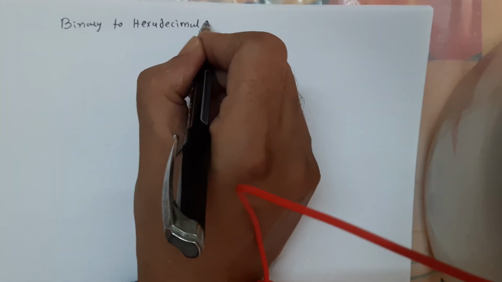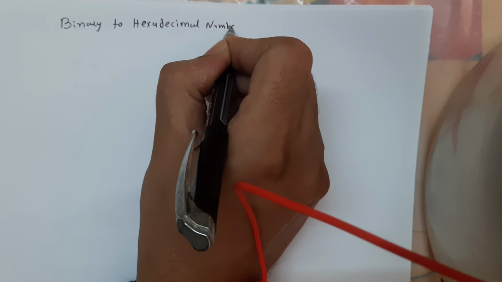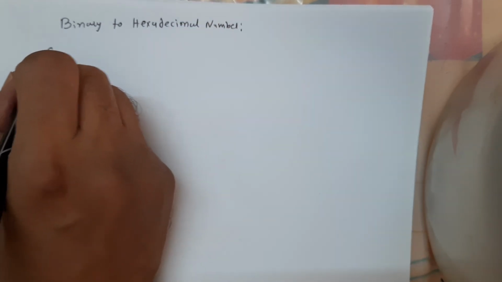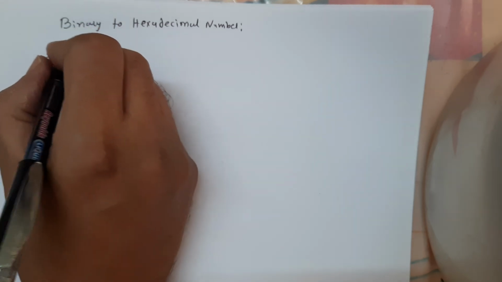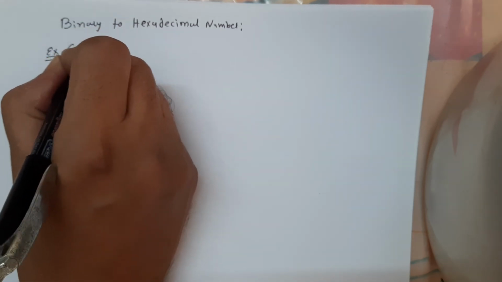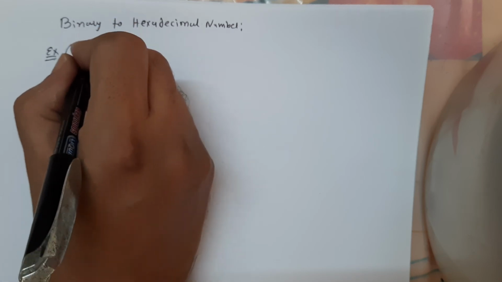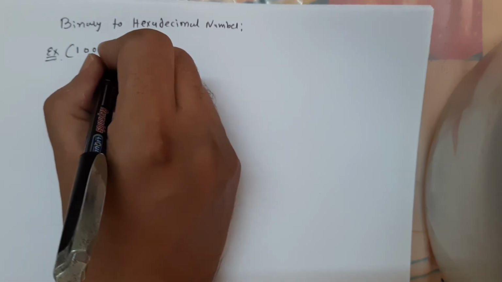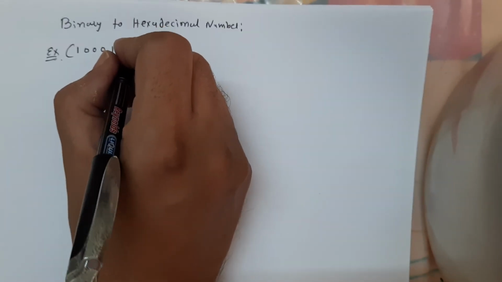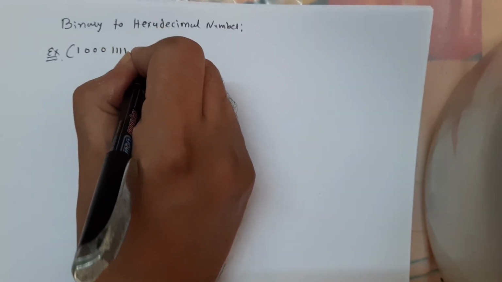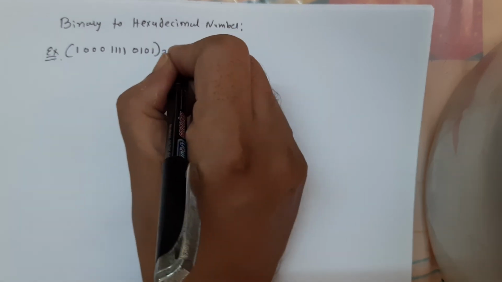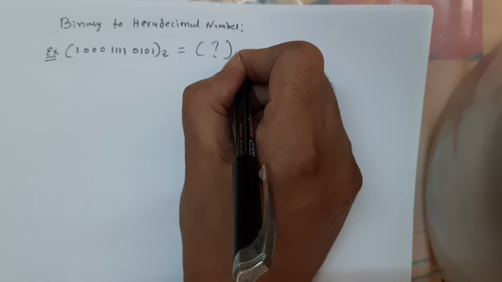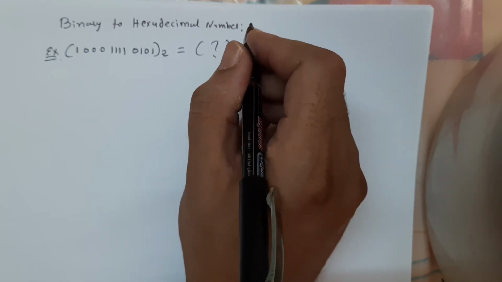So our example is, we want to convert 1000 1111 0101. This binary number we want to convert into the form of hexa, right?